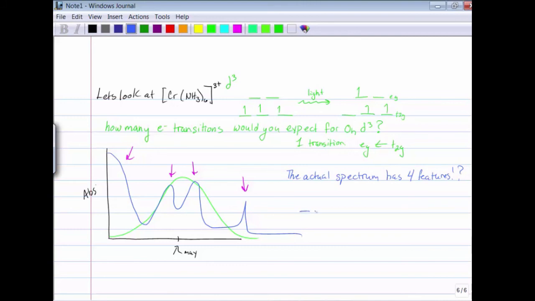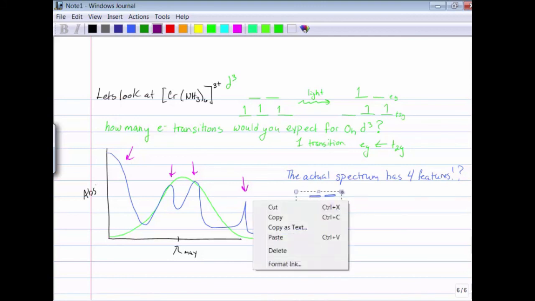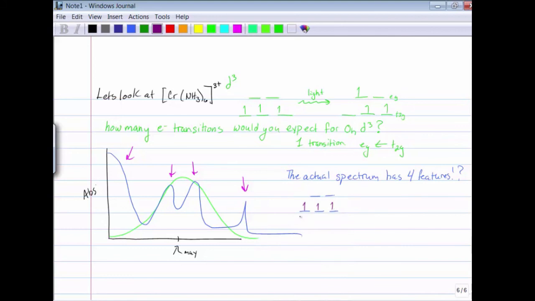So let's look again at the electron configuration of this D3 complex. I'm going to put 3 electrons in the bottom here. And now I'm going to label my d orbitals. So this is going to be my xy, xz, and yz in the T2G set. And then I have a z squared and an x squared minus y squared in the EG set.